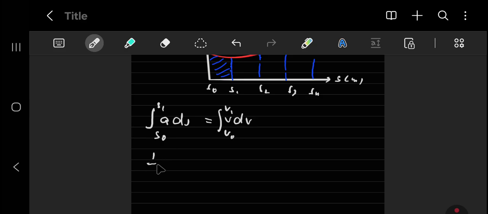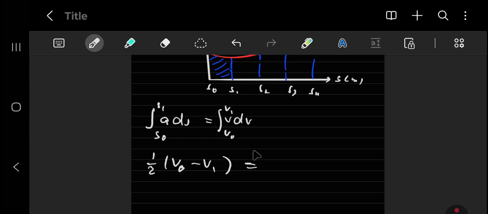So I'll have half delta V squared, which is just going to be half V1 minus V0, because I'm using V0 and V1 here for the first area. And that is your integral there.